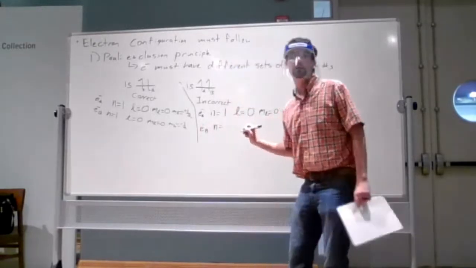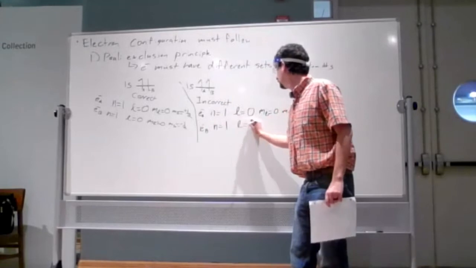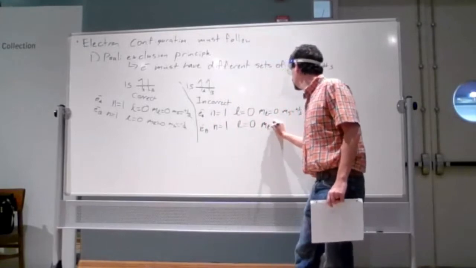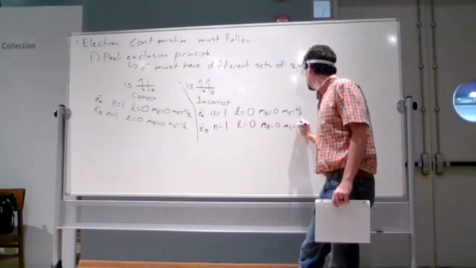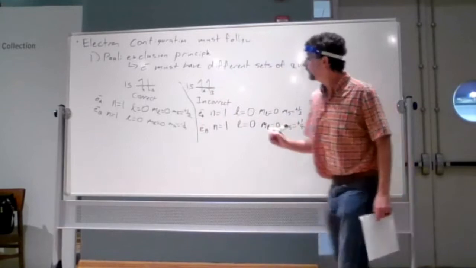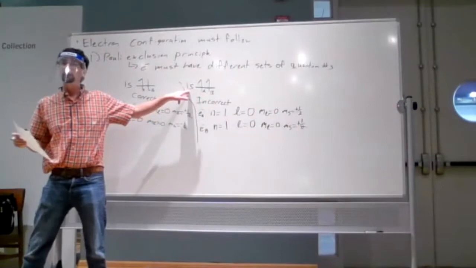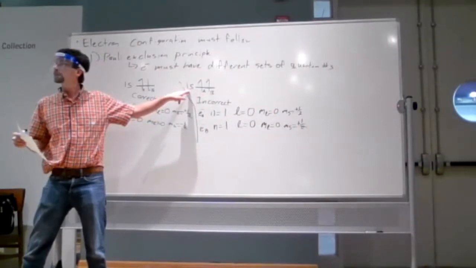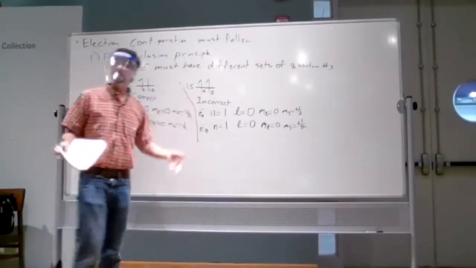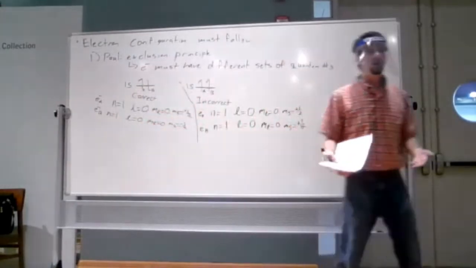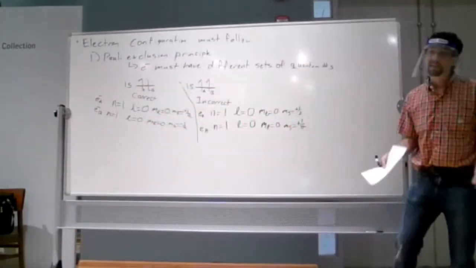N is equal to what? L? Yep. M sub L? M sub S. Right. So, why is this one incorrect? Yeah, they have the same set of quantum numbers. That violates the Pauli exclusion principle. That can't happen.